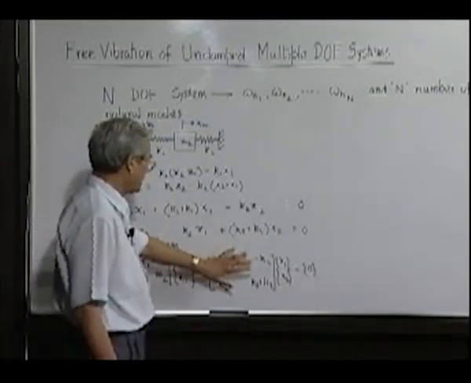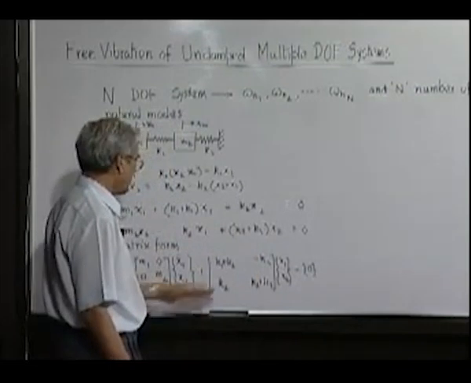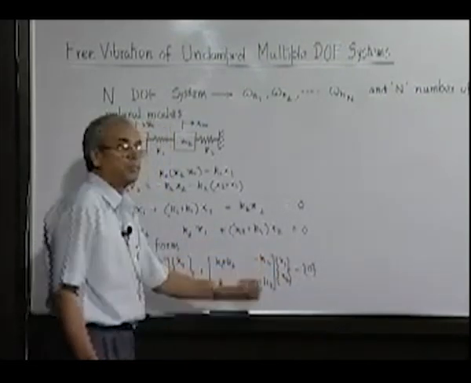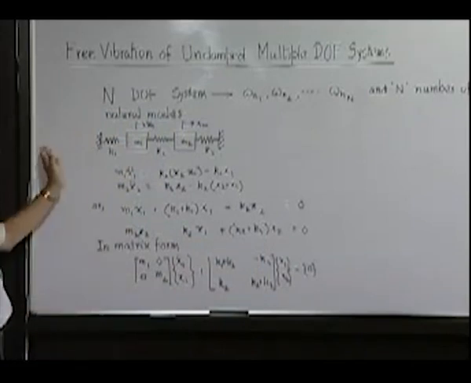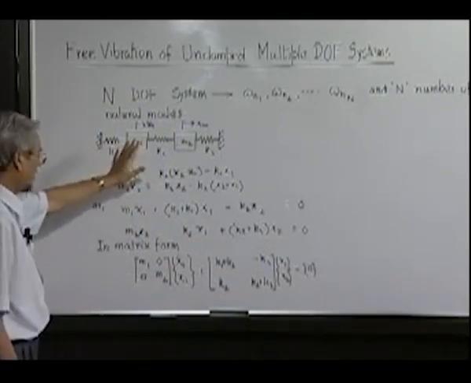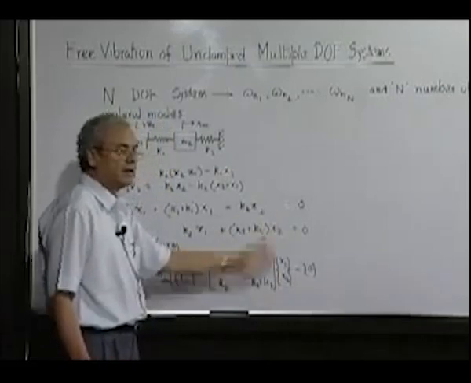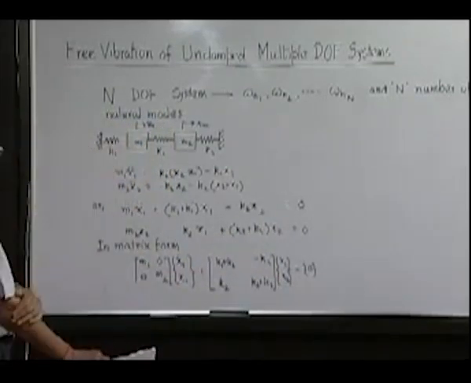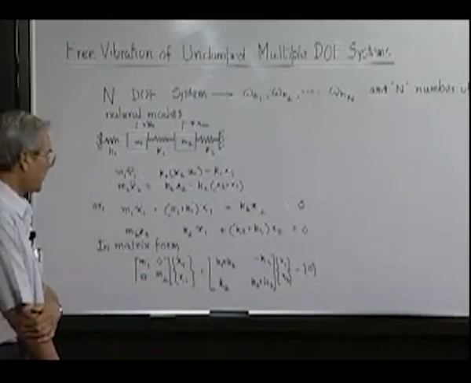This square matrix represents the stiffness of the whole system. This column matrix represents the mode shape, when it is oscillating in a natural mode. This is the column of the natural mode of oscillation, and this is the acceleration vector.